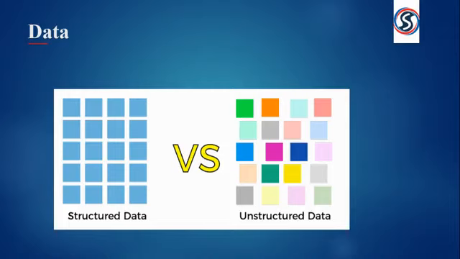Data can be in any form, either text, numeric, image, or PDF form. So any piece of information, we call it data. Data is a collection of recorded values from which information can be discovered.